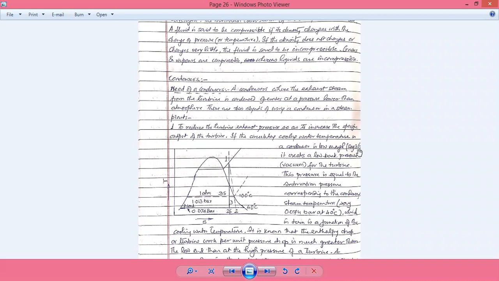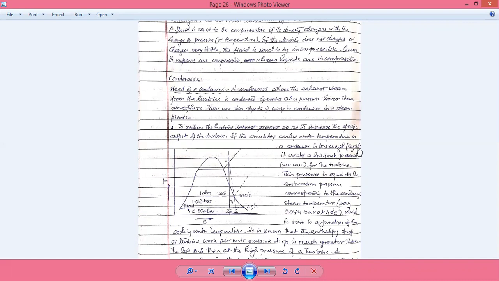The condenser generally uses the flow of river water or some other cold source of water, which flows through the surroundings of the condenser and reduces the temperature, ultimately converting the vapor into liquid water.